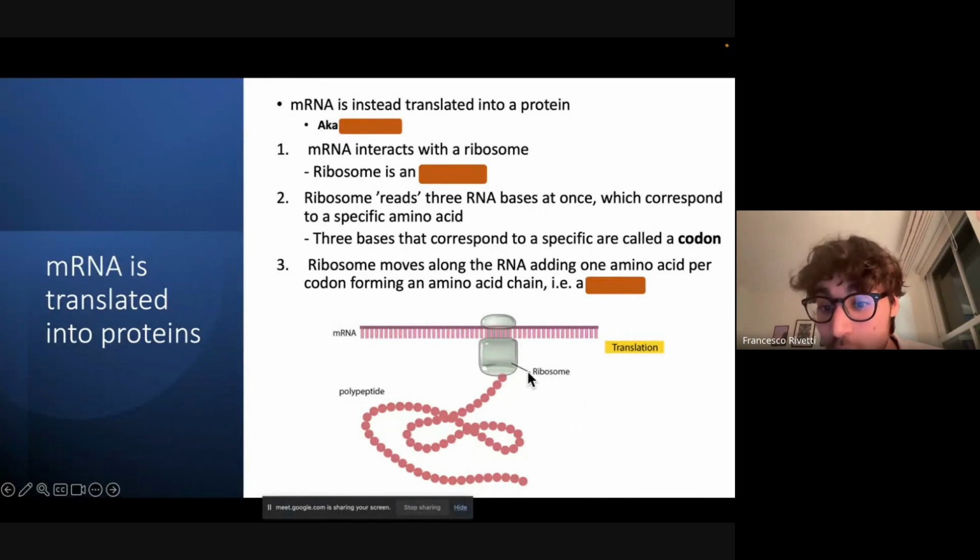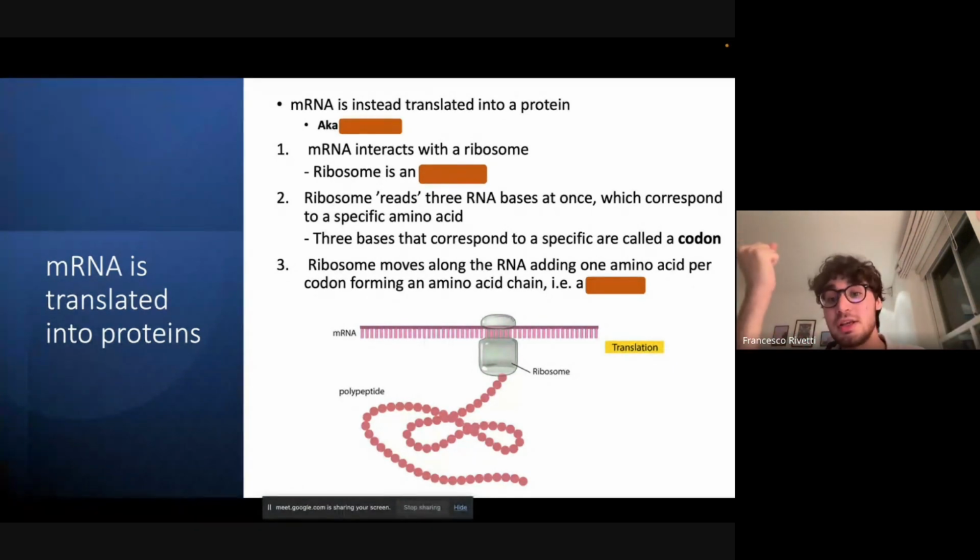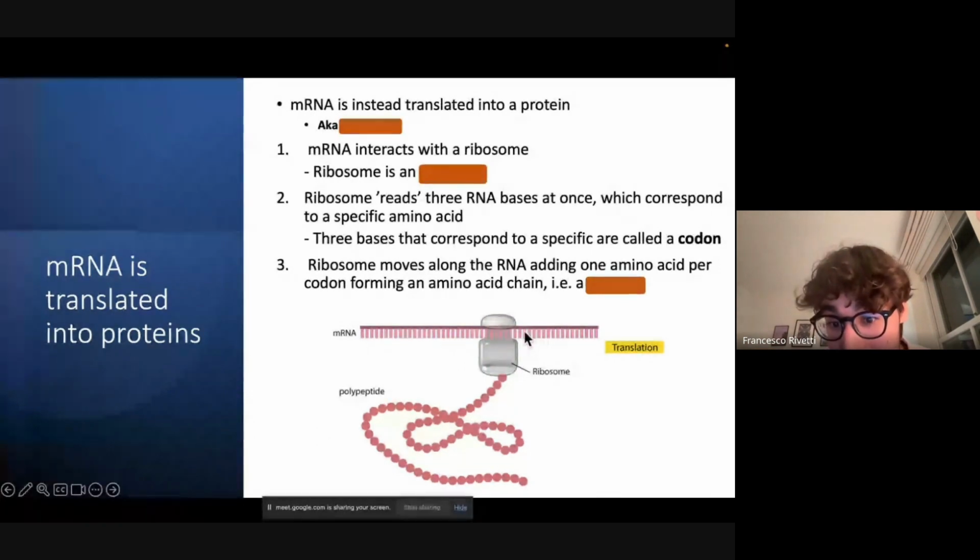The tRNA will interact with the mRNA and be like, okay, the codon, the three bases, are AAA. AAA is amino acid X. And so the tRNA with the X amino acid will interact with AAA and essentially add the amino acid X to the growing amino acid chain. So they're all part of it.